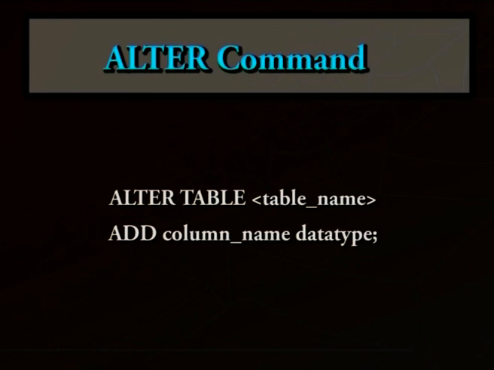Along with this, we have the clause add column name data type. This add keyword specifies that we want to add a new column to the table. Thus, after the add keyword, we will mention the user defined column name with its data type for adding to the table.